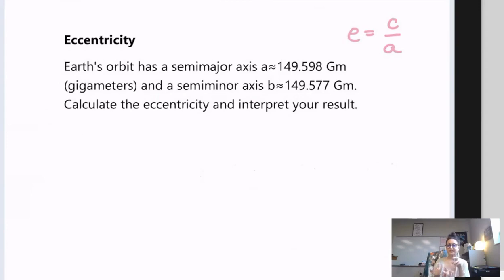So for eccentricity, I need c and a. I have a, but I don't have c. But I can use our formula of a squared equals b squared plus c squared to find c, right? So let's plug these in.